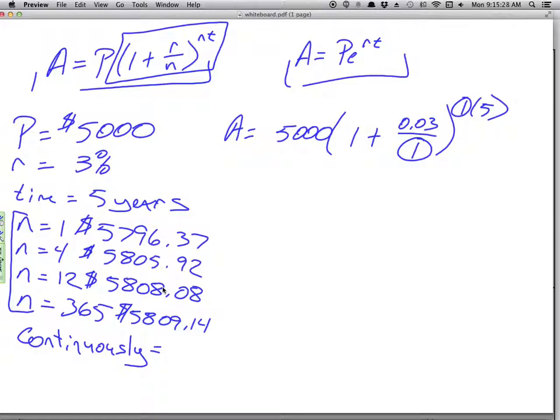What do I need to do on the continuous one? Use the second formula. So I'm going to have A equals 5,000 E to the 0.03 times 5. The E is the base, yeah.